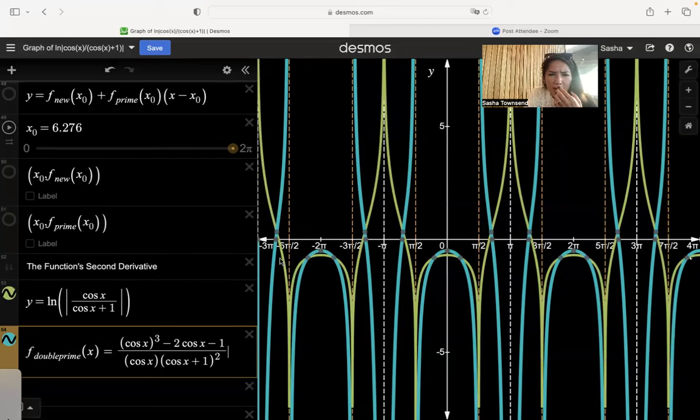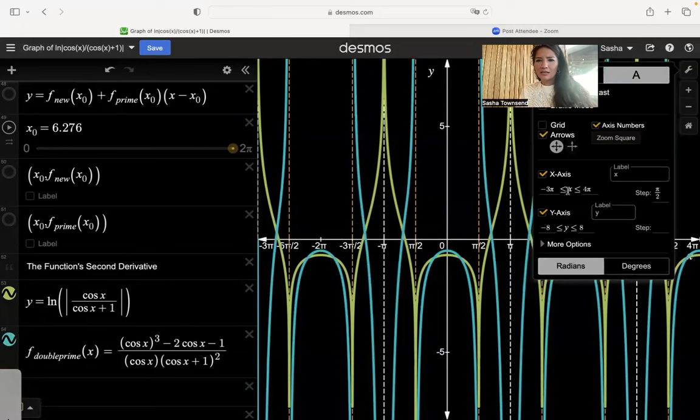The claim is that the graph is concave upward on here until we get to this x value, and then concave downward the rest of the time. That seems consistent with our picture. Maybe we should just focus on the interval from negative pi over 2 to 3 pi over 2. I just want to do one period at a time.